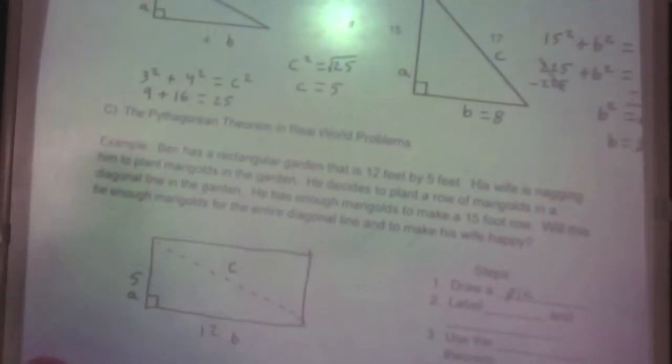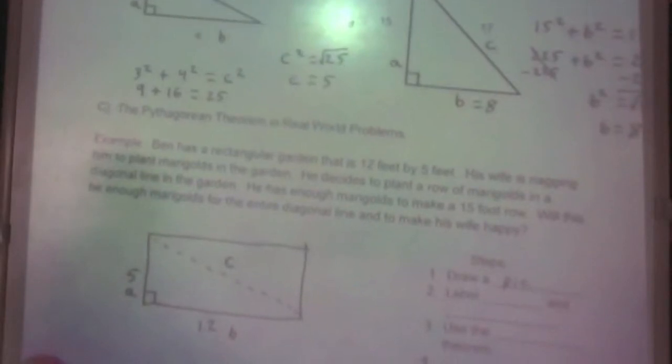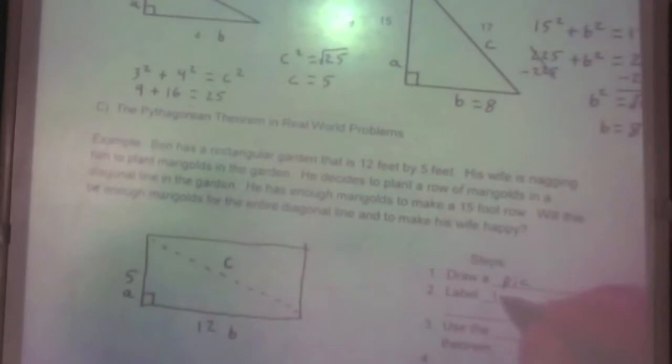And we just did step number 2. You have to label the legs and the hypotenuse. Make sure you got each one right. Don't get them confused.